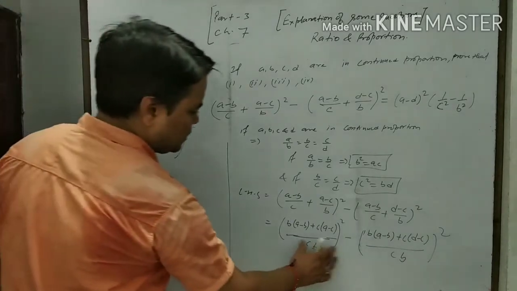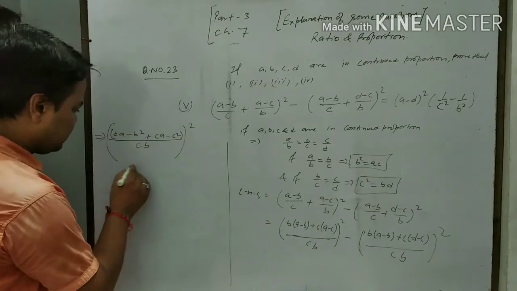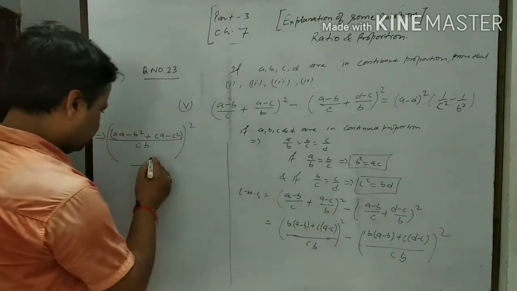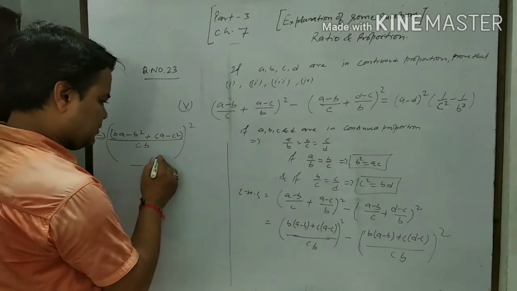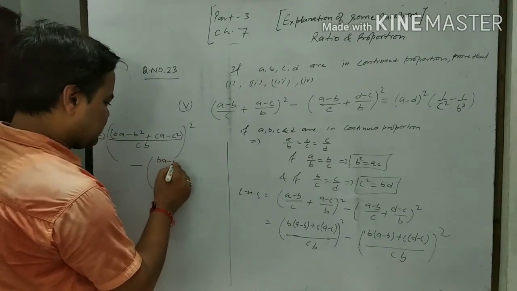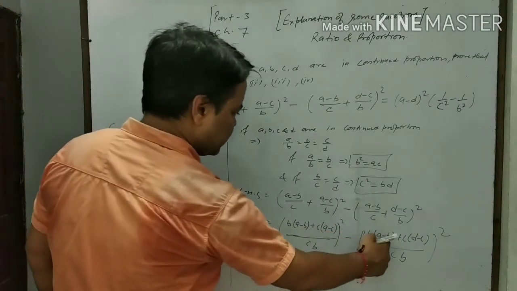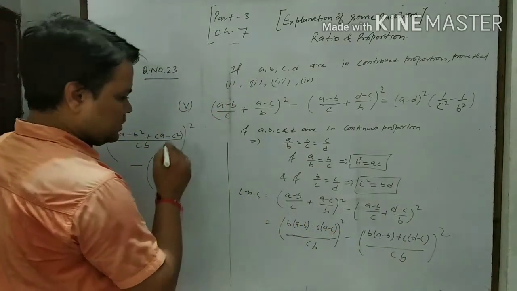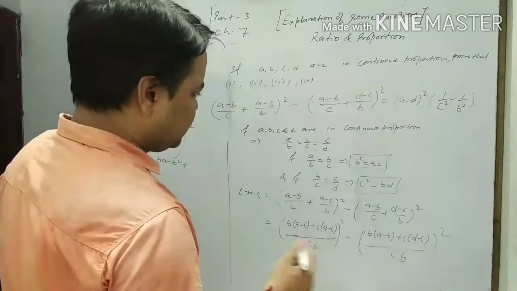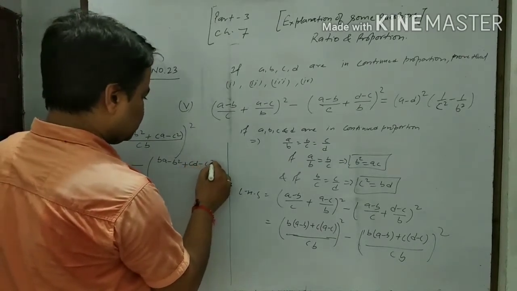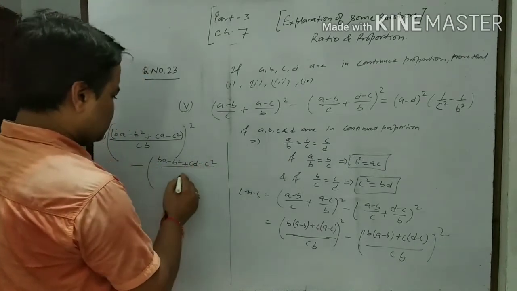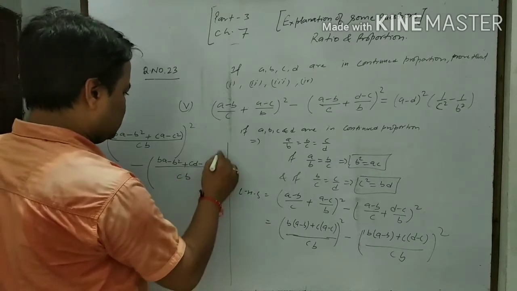Okay, this is the first part. Now this minus ba minus b square plus cd minus c square upon cb, here whole square.